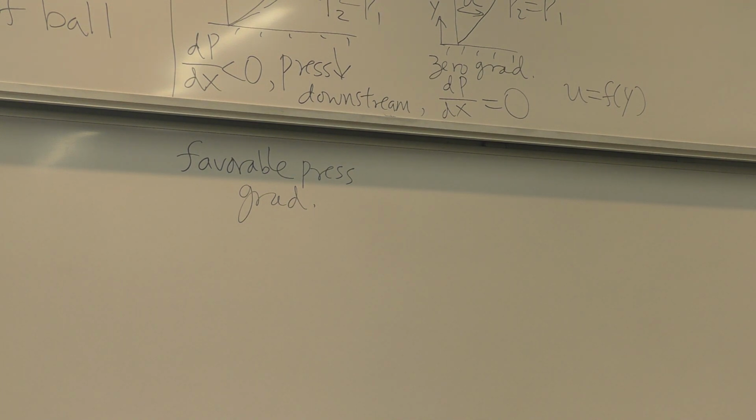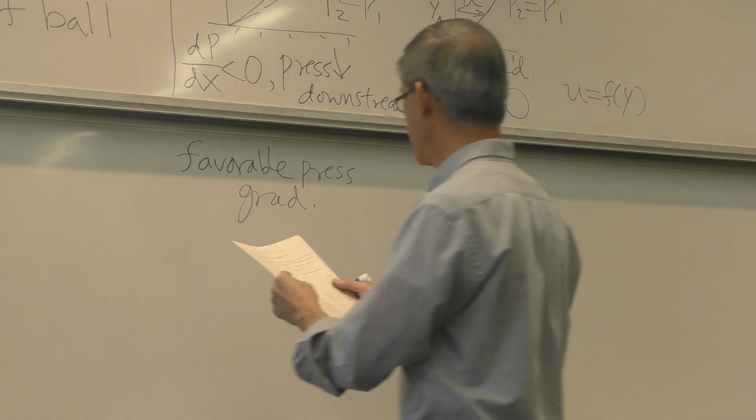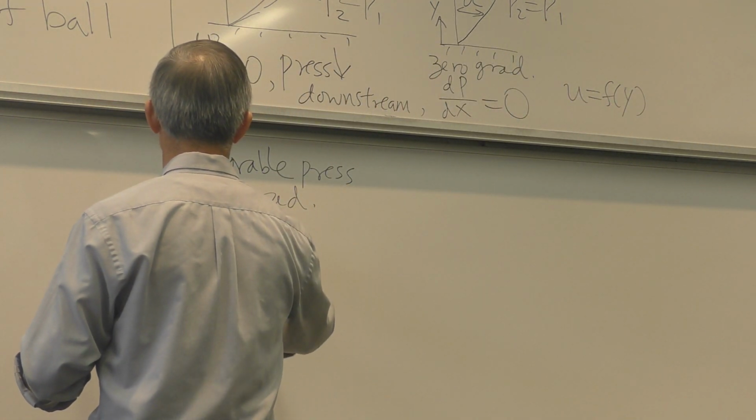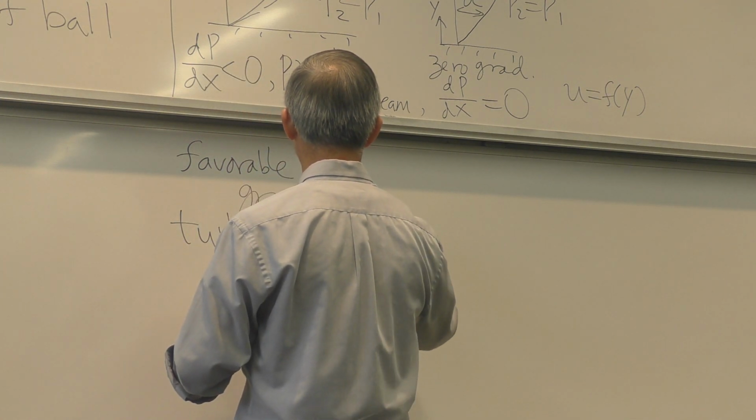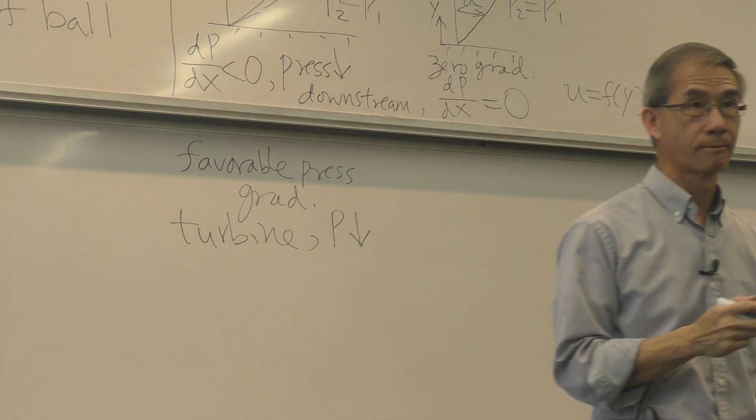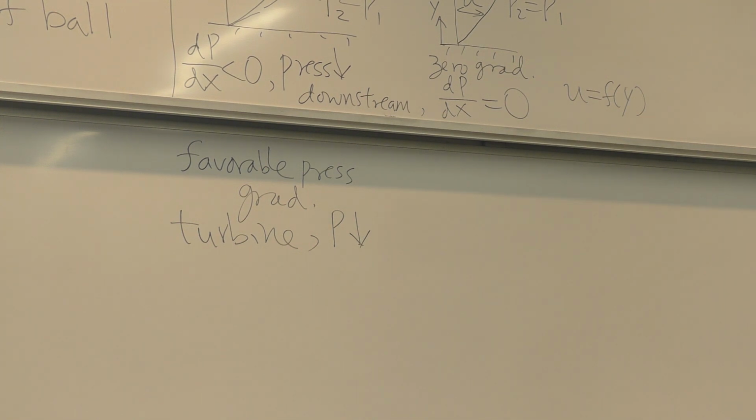It's a little more complicated. Think of something even simpler. How about a turbine? A hydraulic turbine or air turbine or any kind of turbine, of which pressure is dropping. Right? In all your thermal calculations, isn't that what you see? Correct? Water turbine, the same.